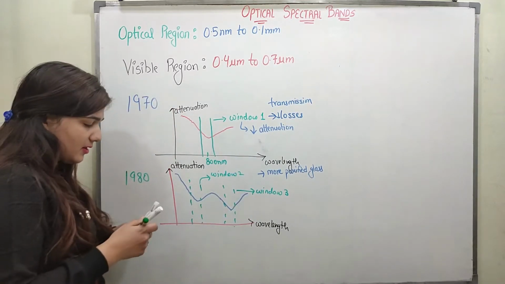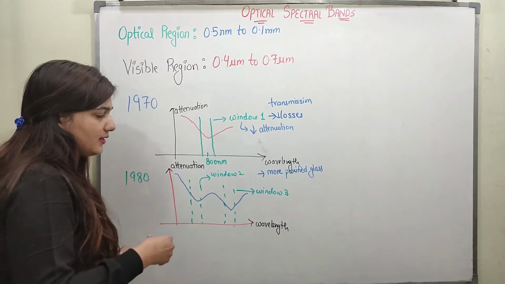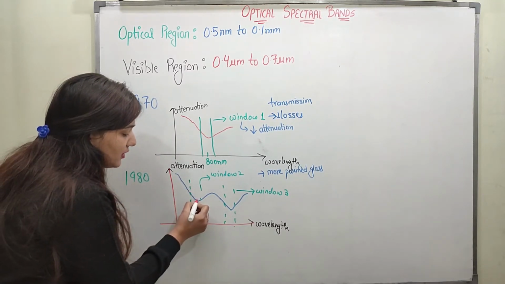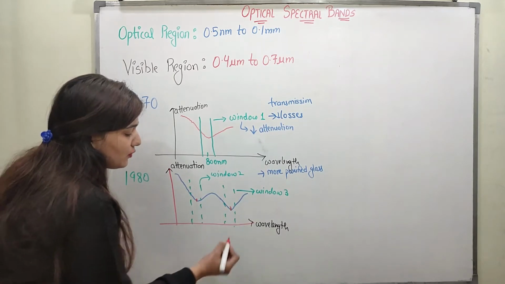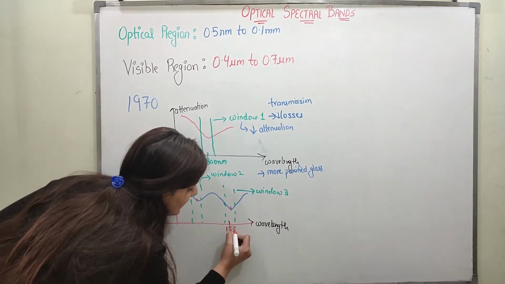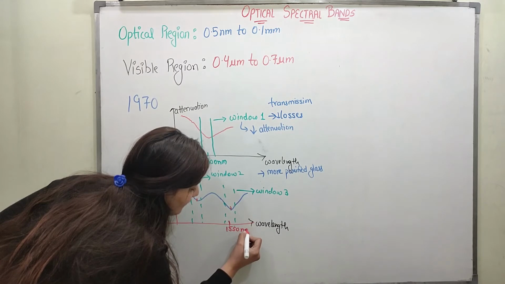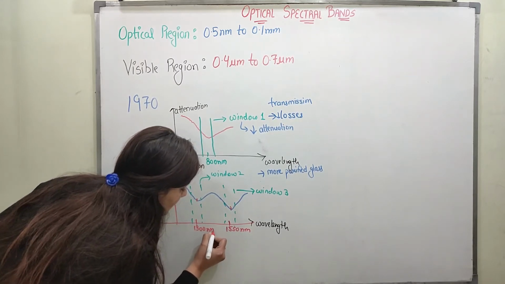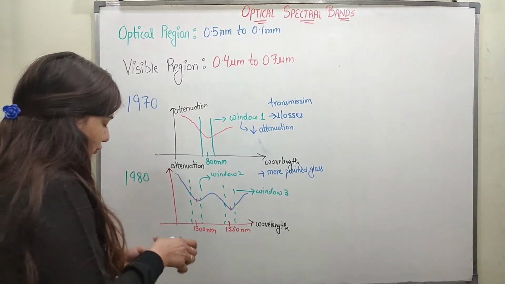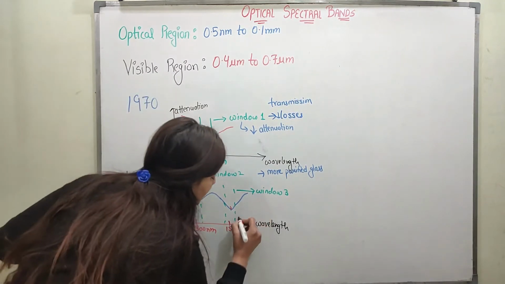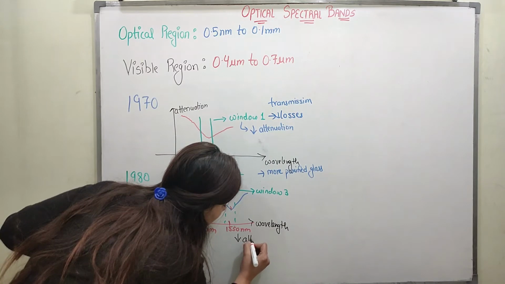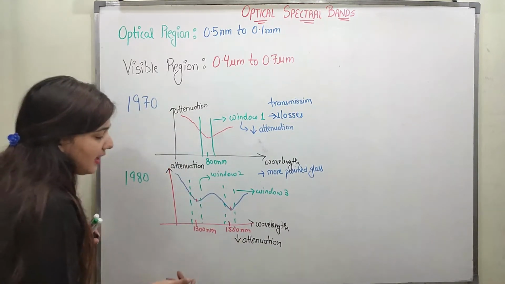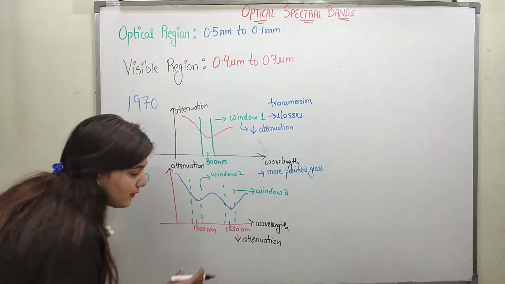A lot of people might be confused about why I have selected window 2, where the attenuation is higher than over here. Window 3 is centered around the wavelength 1550 nanometer and window 2 is centered around the wavelength 1300 nanometer. Window 3 has the least attenuation, which we can see from the graph of attenuation versus wavelength.